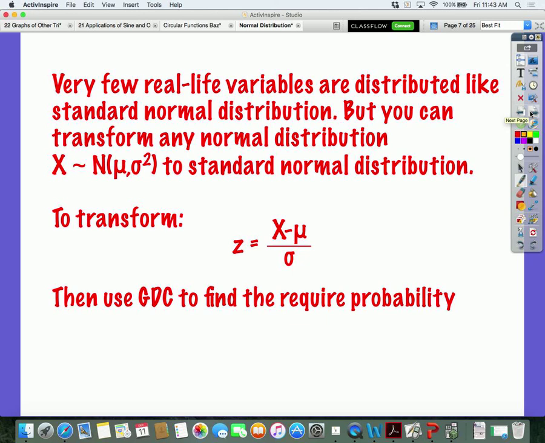Now, very few real-life variables are distributed like a standard normal distribution. However, you can always transform any normal distribution that's written in this format to a standard normal distribution by using this formula here. Now this is key to know, because sometimes using this and what we just did is very helpful.